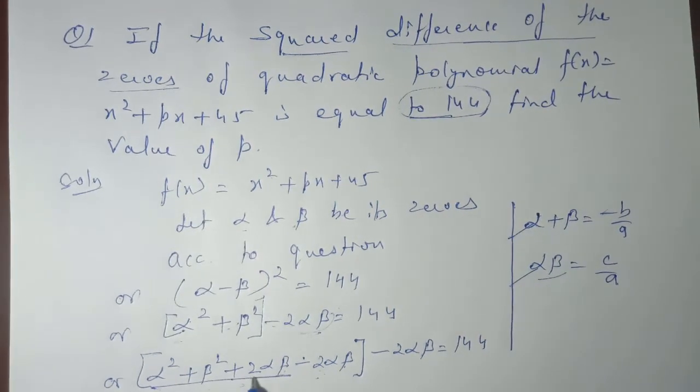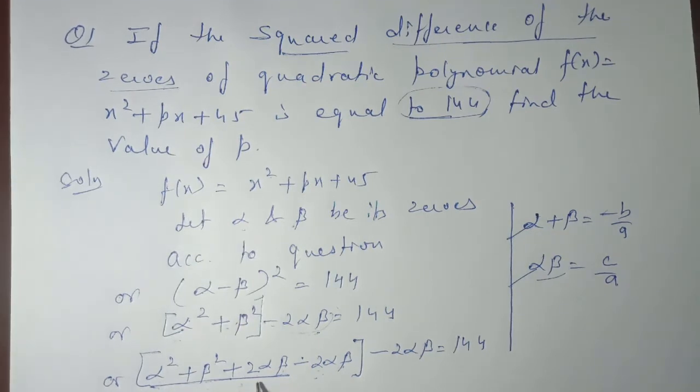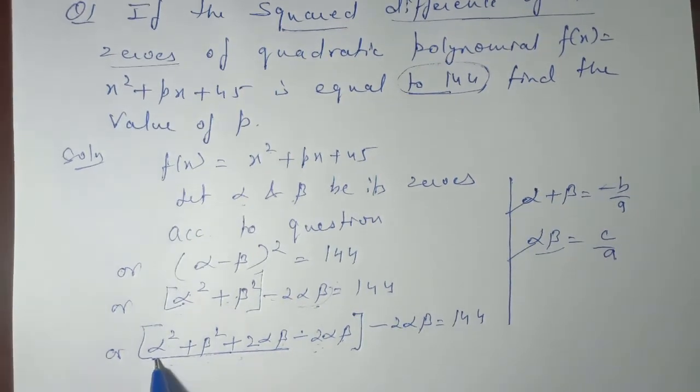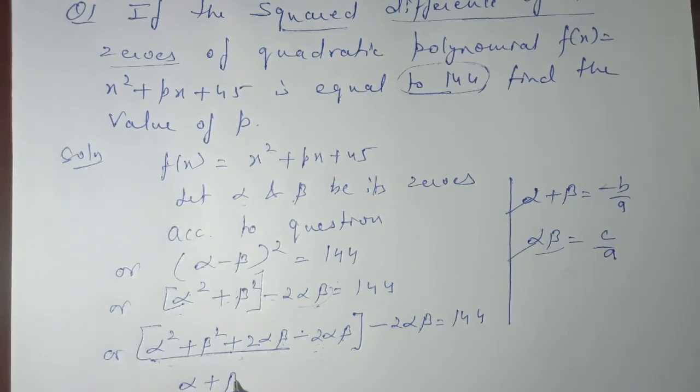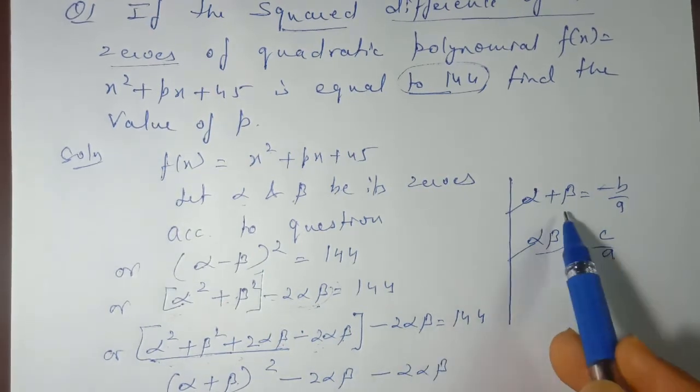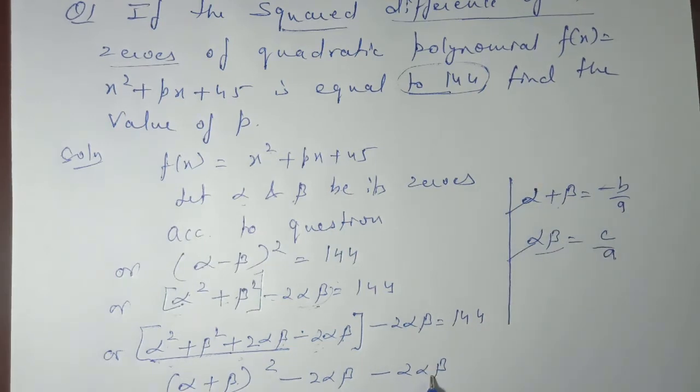If we take these three terms, alpha² + beta² + 2 alpha beta, this gives the relation a² + b² + 2ab = (a + b)². So we get (alpha + beta)² by taking these three. Now we have the sum of zeros and the product of zeros.